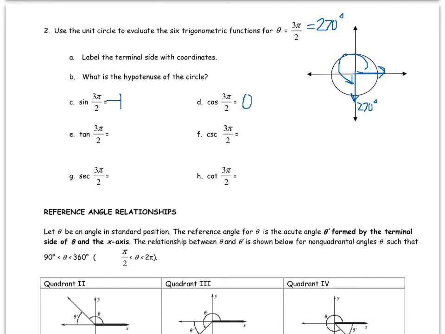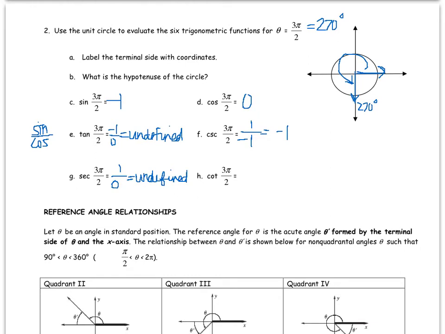The tangent is sine over cosine, so it's -1 divided by 0, which is undefined. Cosecant is the reciprocal of sine, so it's 1 over -1. Your secant is the reciprocal of cosine, so 1 over 0, which is undefined.